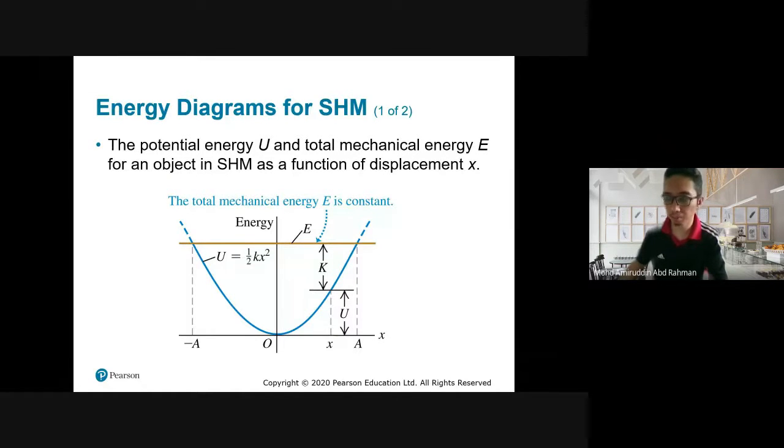All right, so before this, we already calculated the energy diagrams.